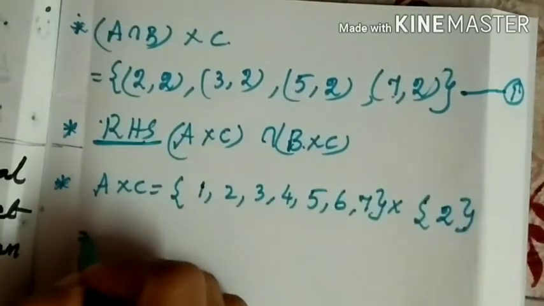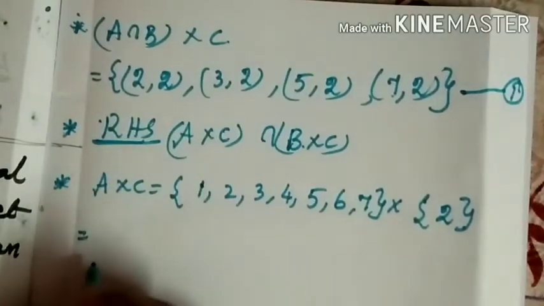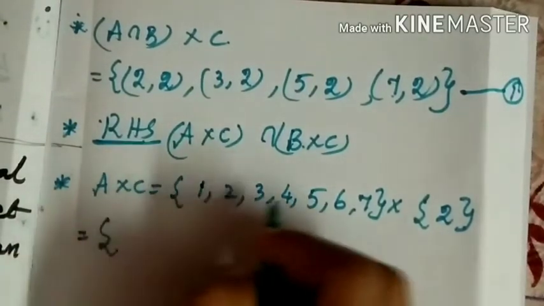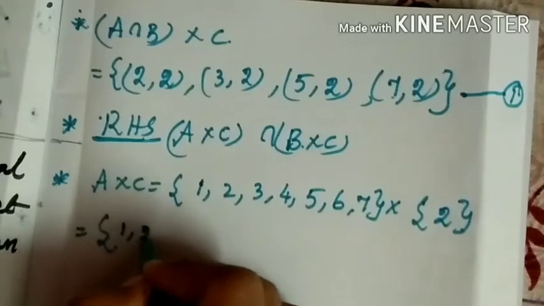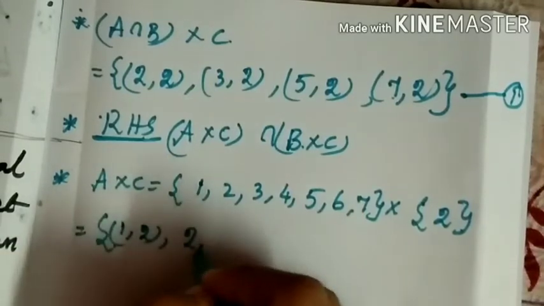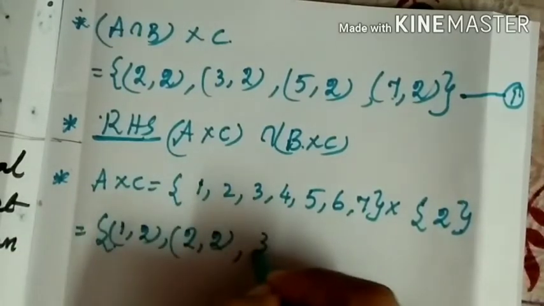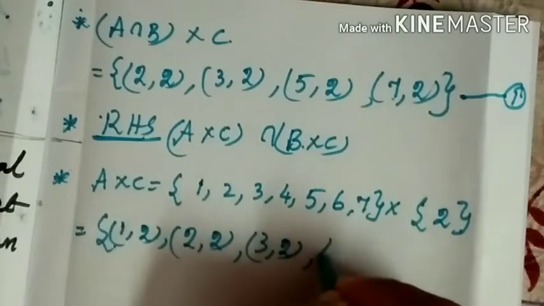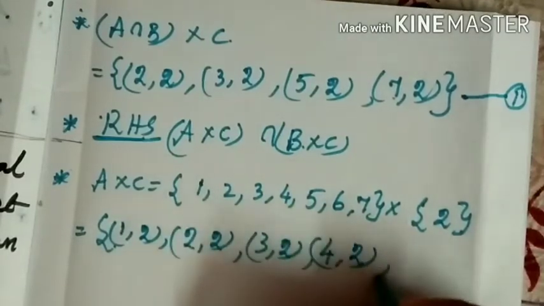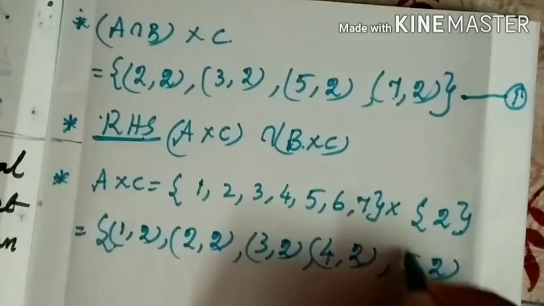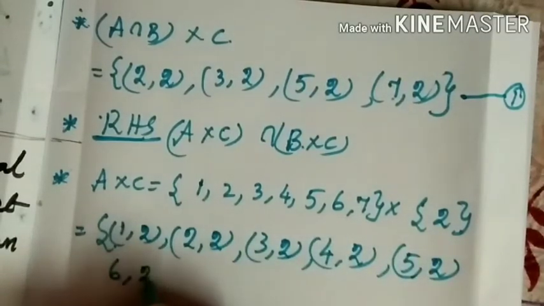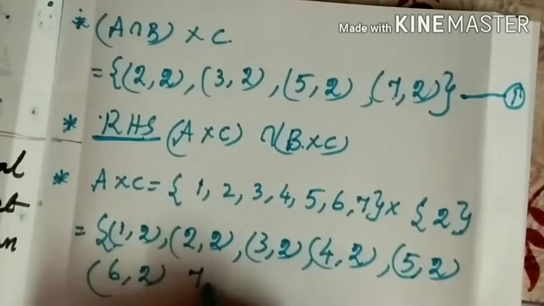Now find the ordered pairs. Then we get (1,2), (2,2), (3,2), (4,2), (5,2), (6,2) and (7,2).